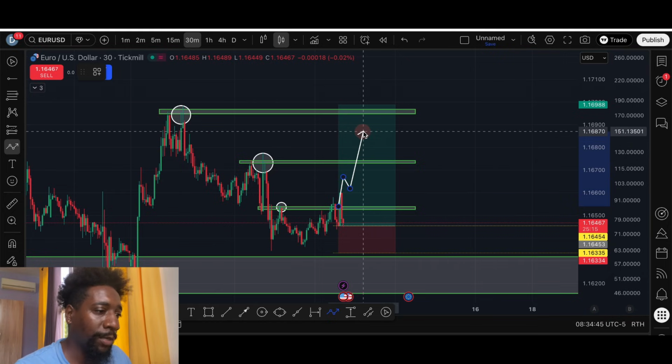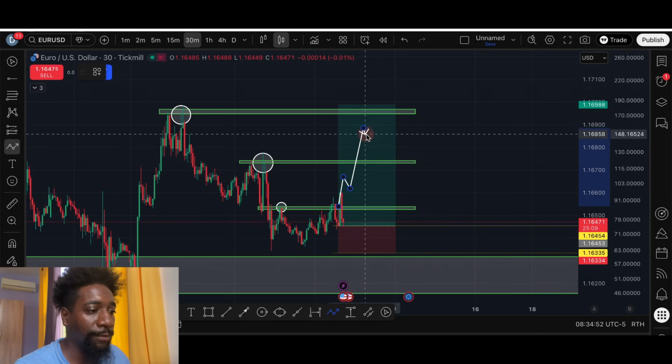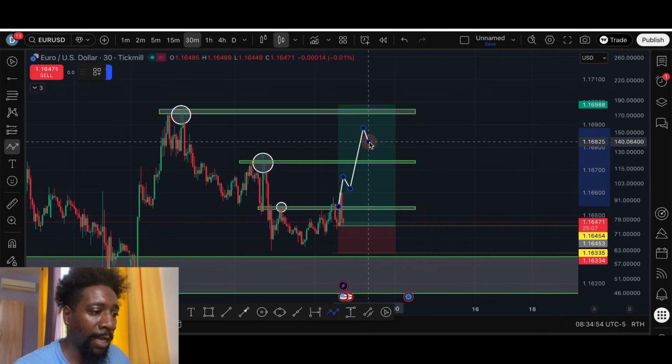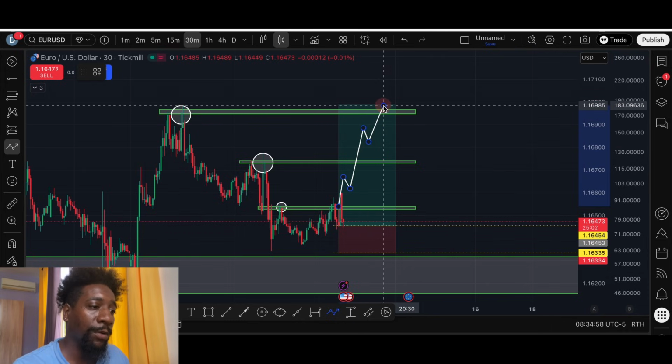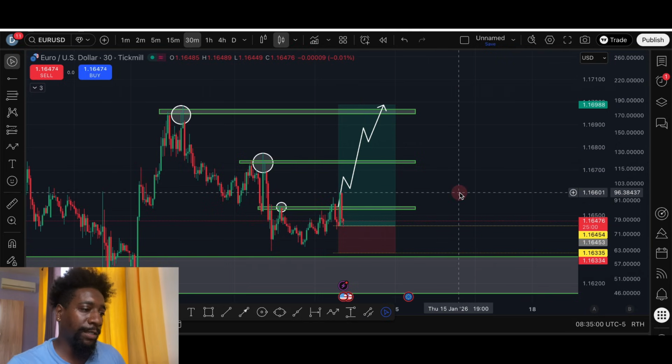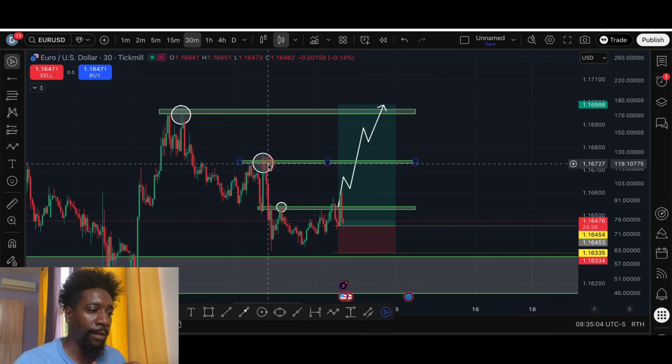So the same thing when it comes to take profit 2. Once it gets a little bit more than halfway close to take profit 3, I will move my stop loss up to take profit 2 and continue to hold. So that's basically how I break down the charts.